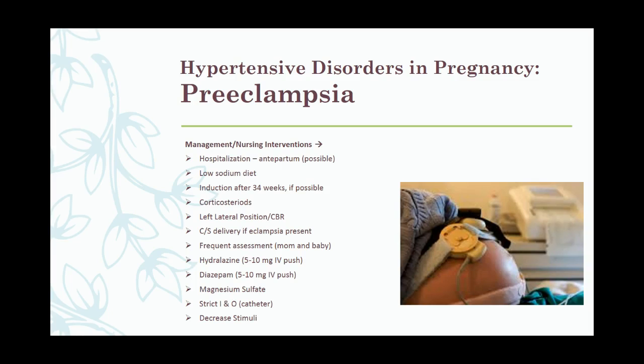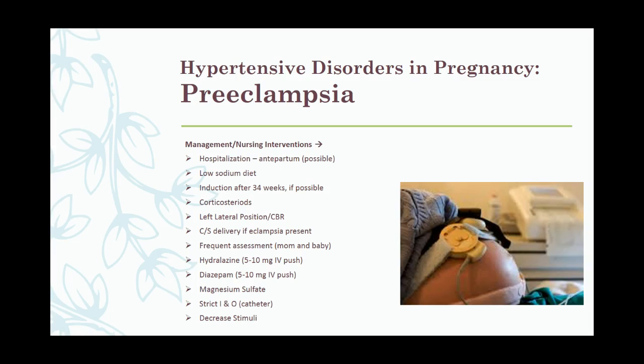Now, magnesium sulfate is a very difficult drug to manage whenever you're giving it IV to anybody, but especially to a pregnant lady, because what magnesium sulfate does is it prevents smooth muscles from contracting. Now, you've got to go all the way back to anatomy and remember what kind of muscles your vessels are.